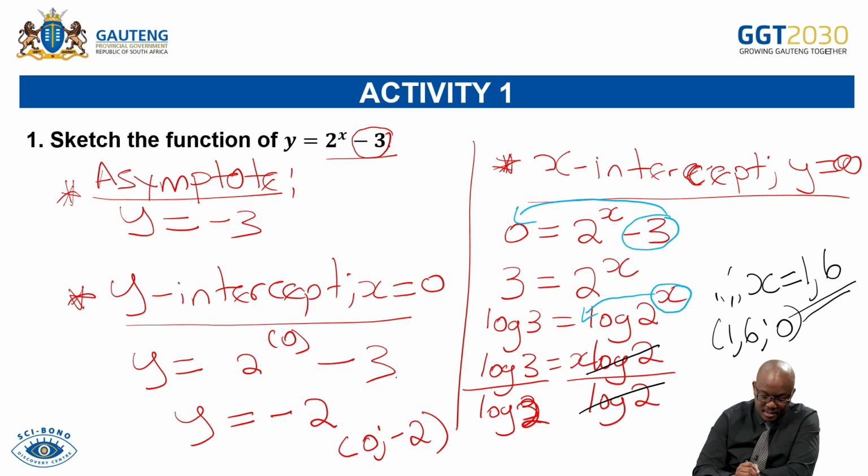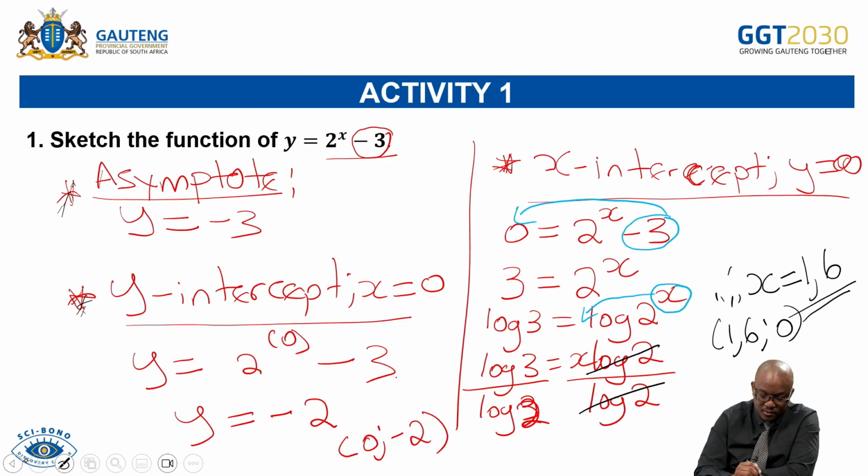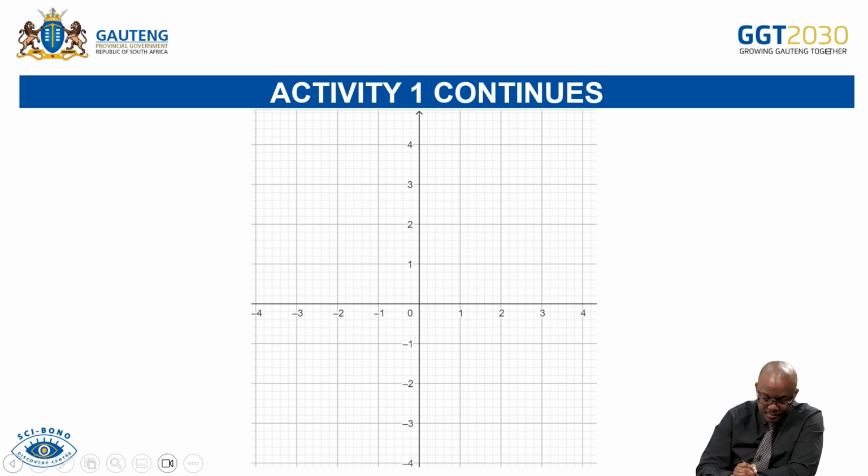So now when you have your asymptote, y-intercept and x-intercept, we then sketch our function.